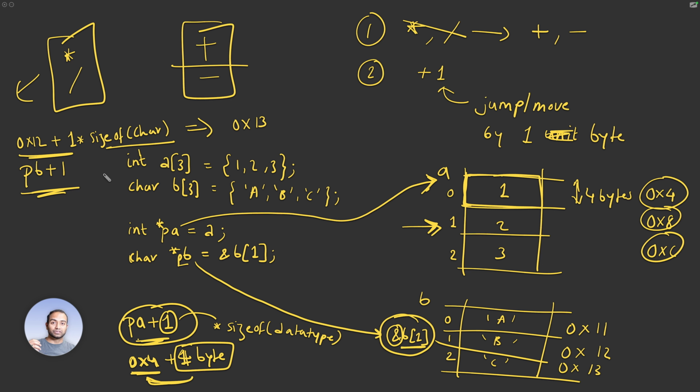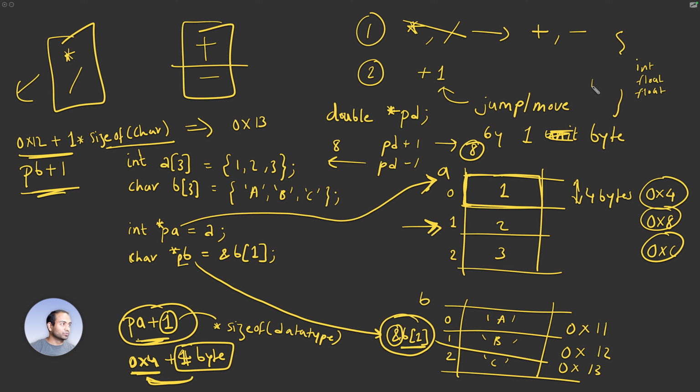Similarly, if it was a pointer to a double data type, then incrementing it will move it forward by 8 bytes, and decrementing it would move it backwards by 8 bytes. Similarly, if you have a struct pointer, with an int, a float, and another float, let's say this is 12 bytes.